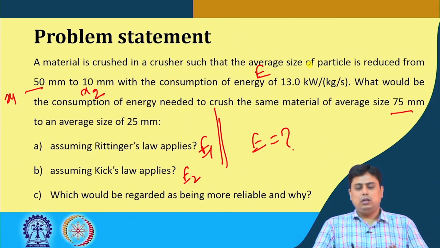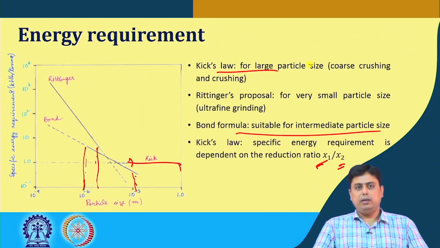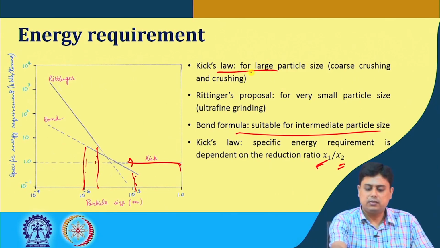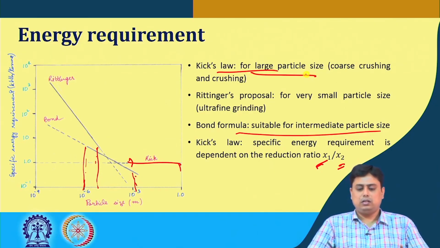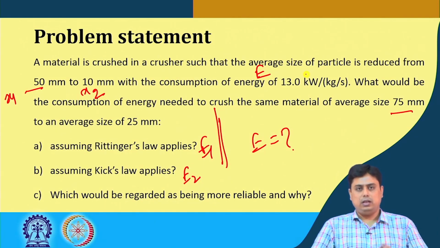Now, the last slide to this problem: we mentioned its validity, that is, Kick's law for large particle size or coarser crushing, and Rittinger's law for ultra fine grinding. Now, here the size range, is it ultra fine, or finer, or is it coarser?